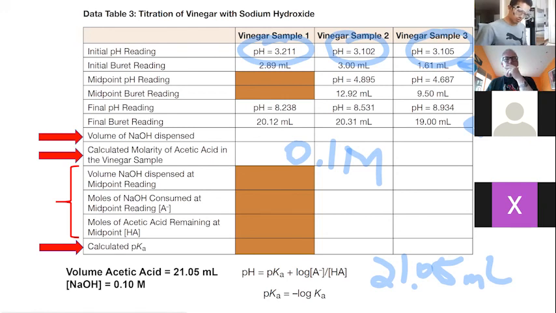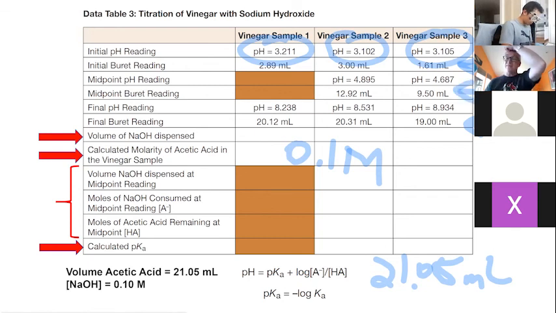And then remember that halfway through the titration, so half of this volume, at the midpoint, the burette read that.